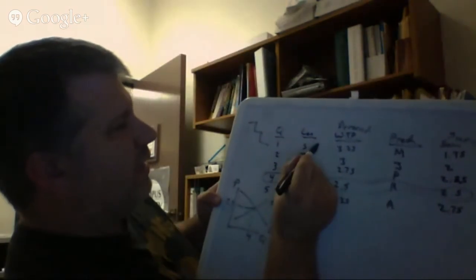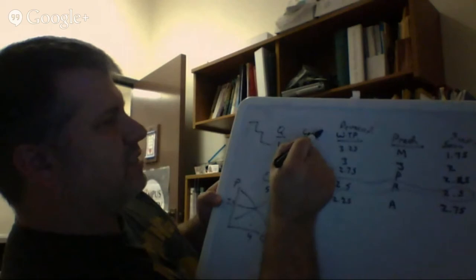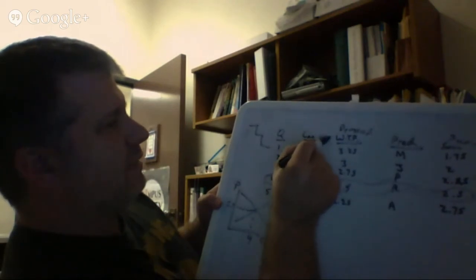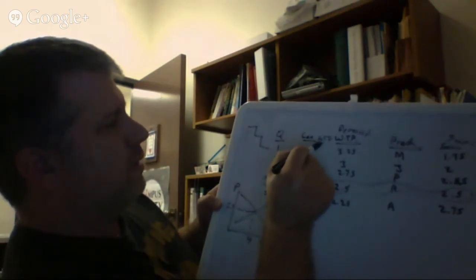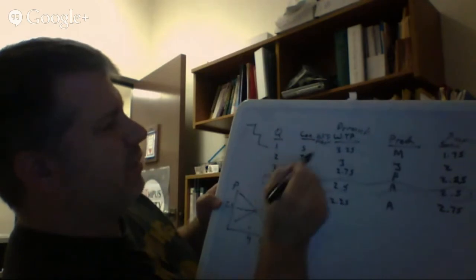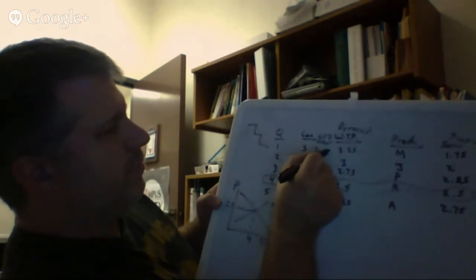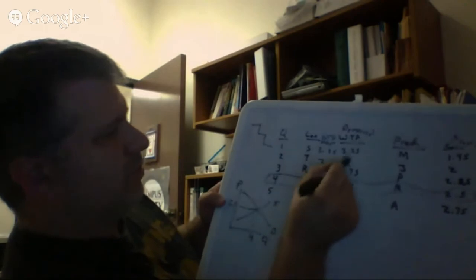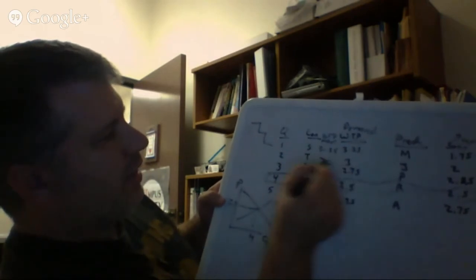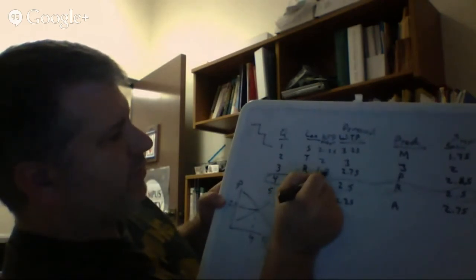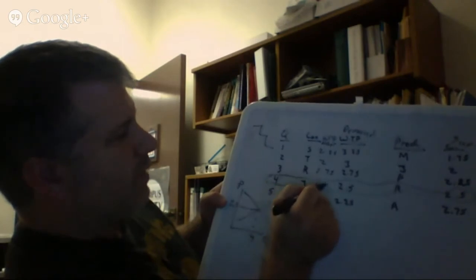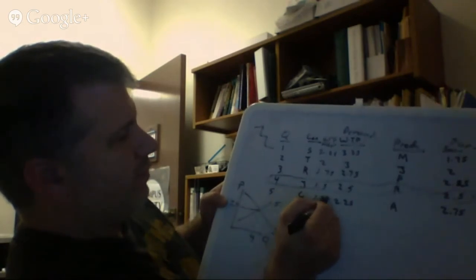So now we know that this person's demand, so this is willingness to pay after tax, and I'm just creating a new column, is $2.25, $2, so $3.25 minus $1, $3 minus $1, $1.75, $1.50, $1.25.